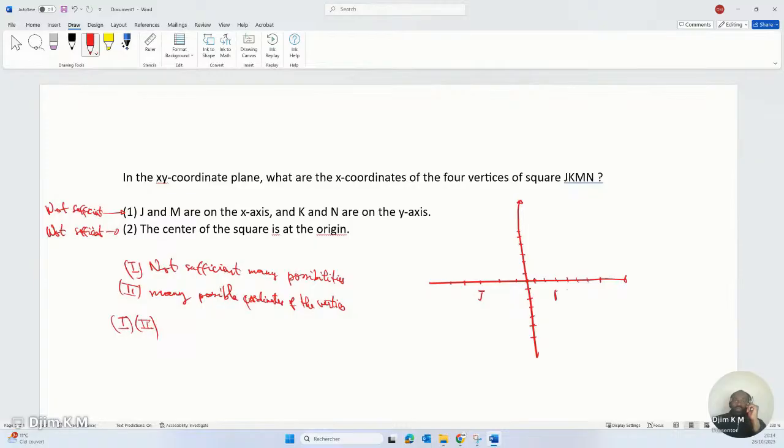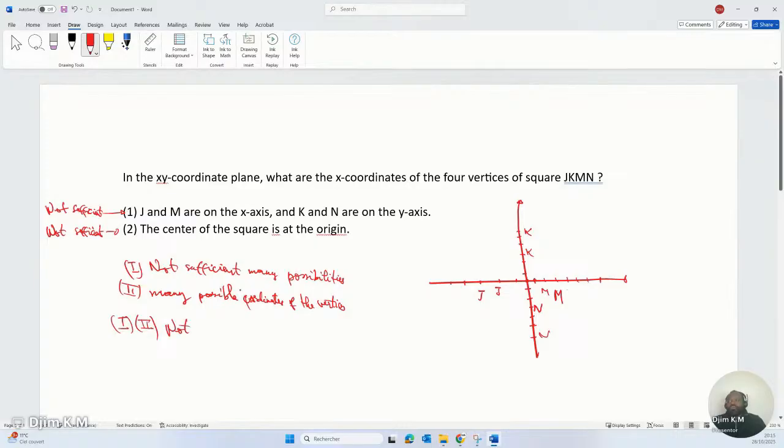So it's possibly something like this, or we can switch, and then K and N can possibly be something like this as well. But the right coordinates we do not know. We could have something like this, or we could have J here and here, which is different, or we could have K a lot more on the top here and N here. So not sufficient as well.